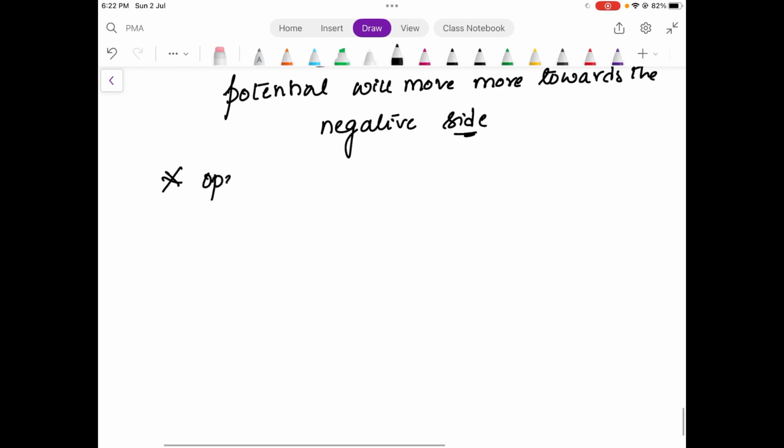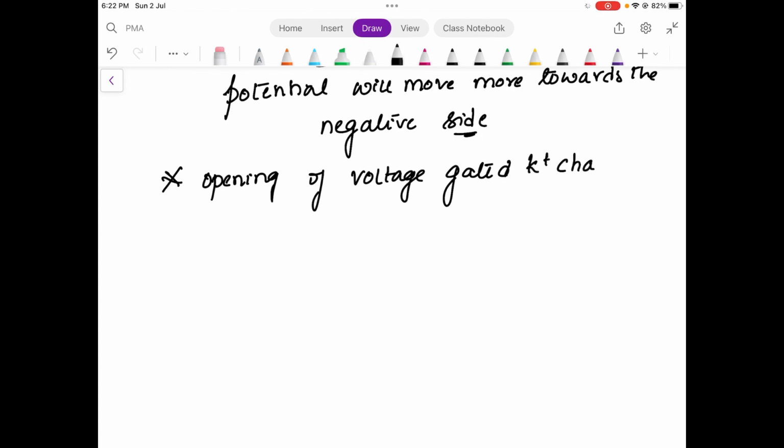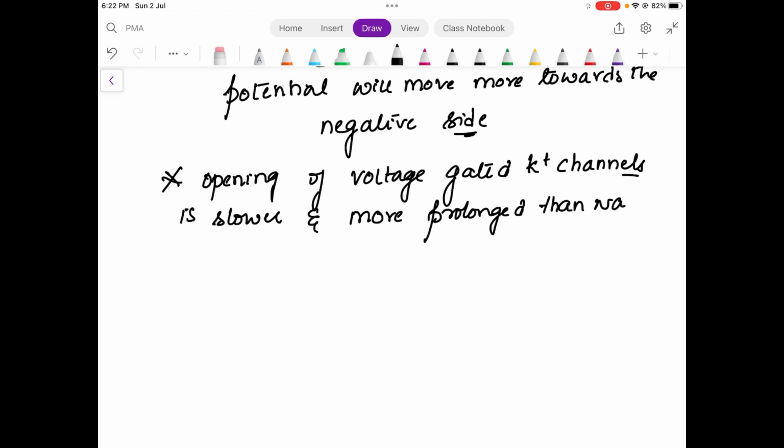And the opening of voltage gated potassium channels is slower and more prolonged than sodium channels.